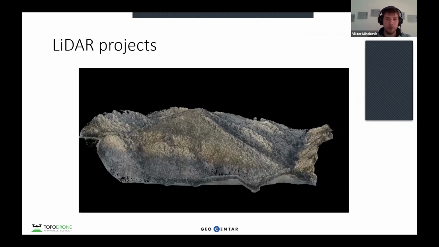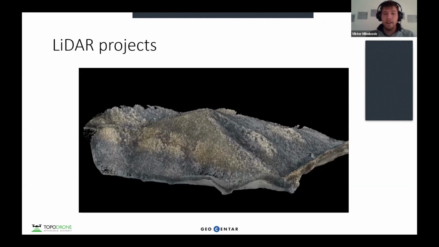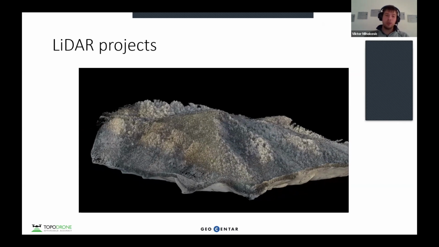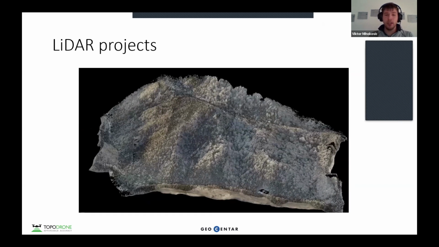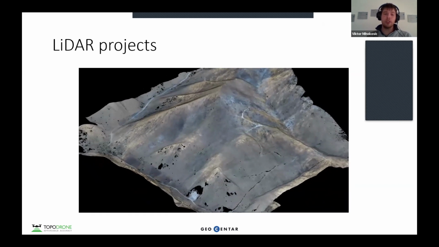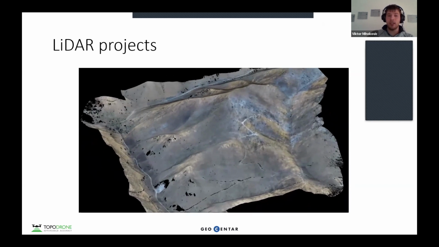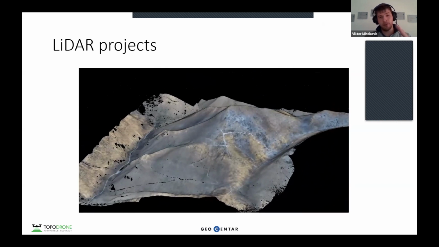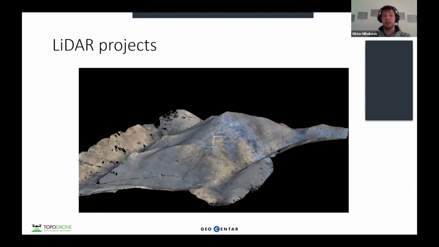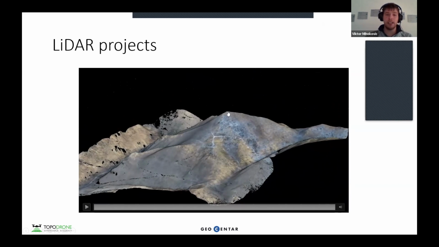So I will show you a few different LiDAR projects that we did in order to show clients what is possible. For example, this is one mountain where we used the LiDAR to penetrate the vegetation to get the ground, where we used the terrain following feature of the M300 to get the drone up to the highest point.